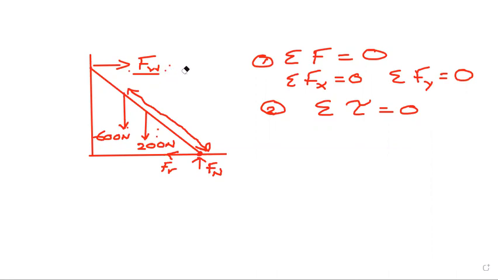So in that case, this wall force is also a normal force, but this kind of normal force is along the X direction. So for us to be able to find this wall force, we have to sum the forces along the X. So write this condition here, the summation of the forces along the X will be equal to 0.